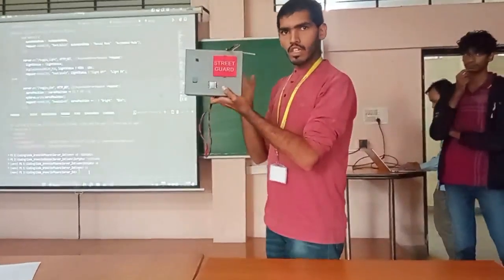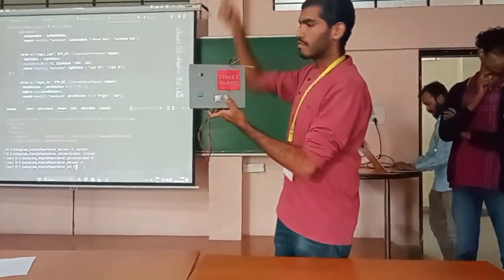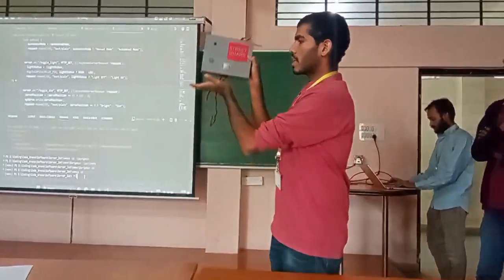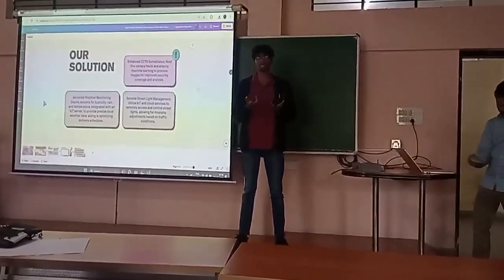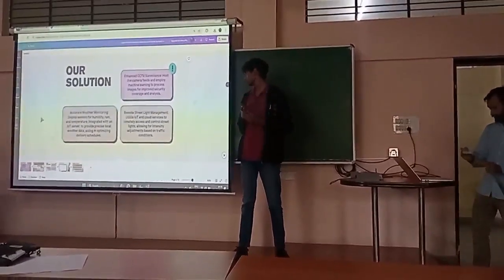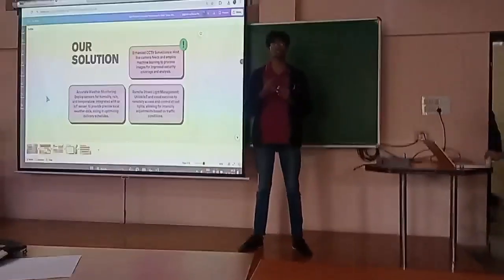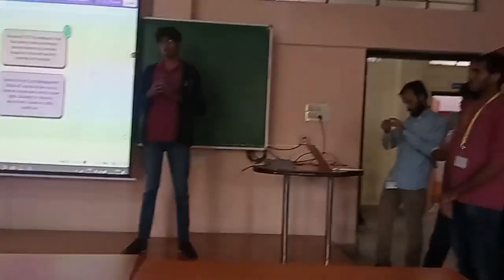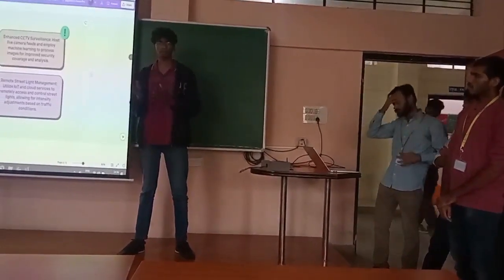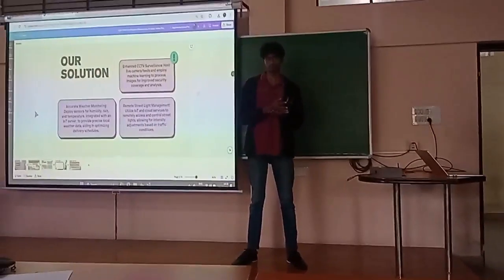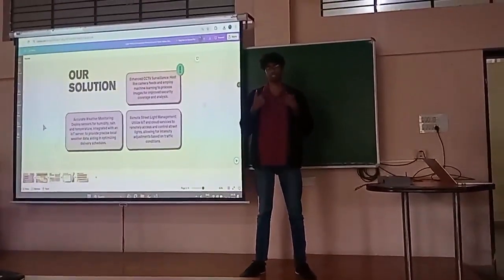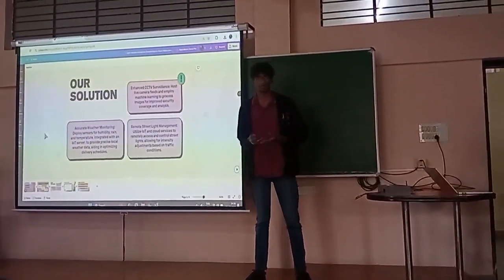If this is the pole, this system will cover a particular area, and we can monitor it. The third thing we have focused on is CCTV surveillance footage. Depending on the number of people, it can count the people over there and detect them, and we can give that data to anyone who wants it.